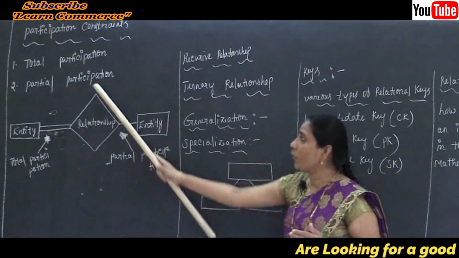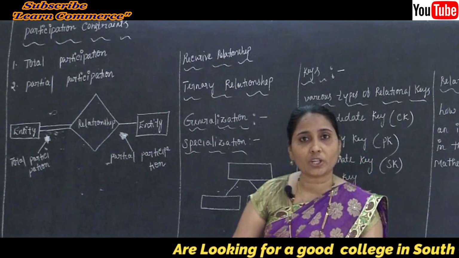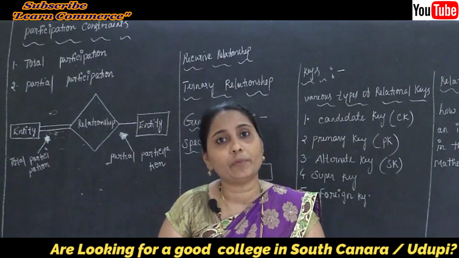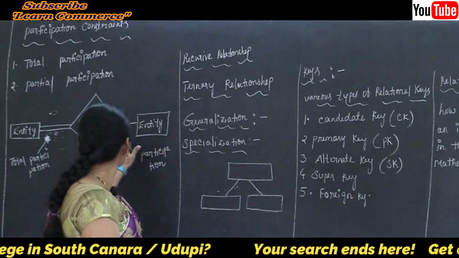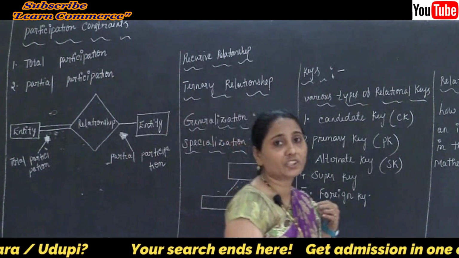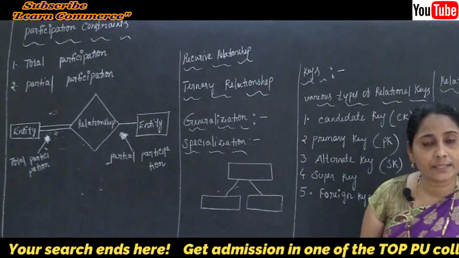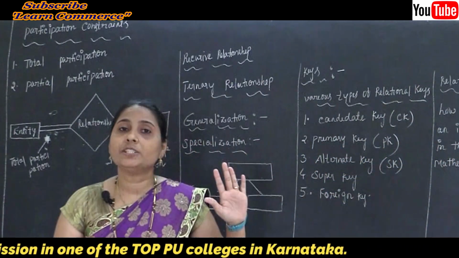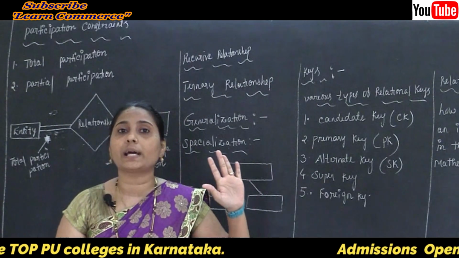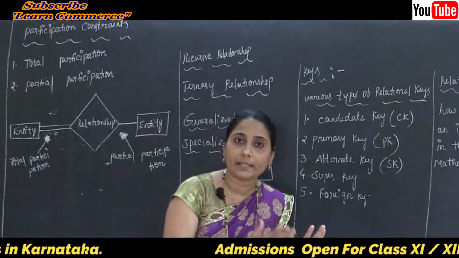And the second thing is partial participation. Because in total participation we know that every entity is involved in the relationship. Now in partial participation, not all entities are involved in the relationship. Maybe 5 tables are there, and only 2 or 3 tables are related with one another.